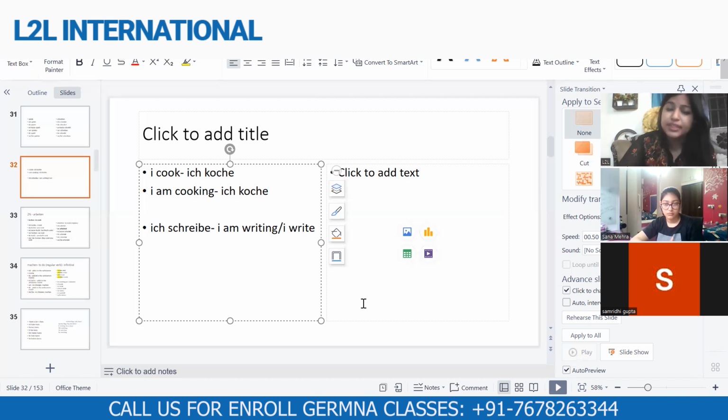But if I ask Samriddhi, what are you cooking right now, in German, Was kochen Sie? Samriddhi would say, ich koche rice, meaning I am cooking rice. So the question determines whether the answer is continuous or simple present. You need not worry about it. For the information, there is no present continuous tense in German.